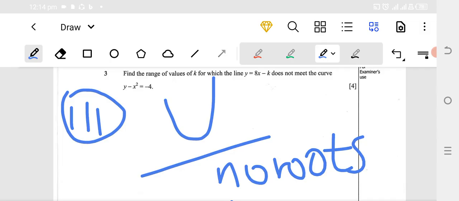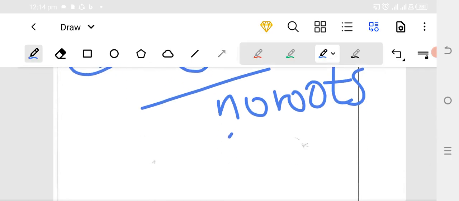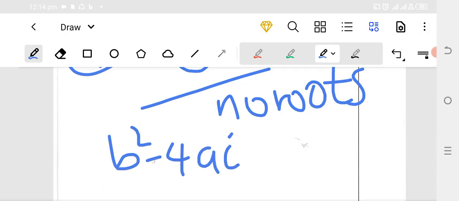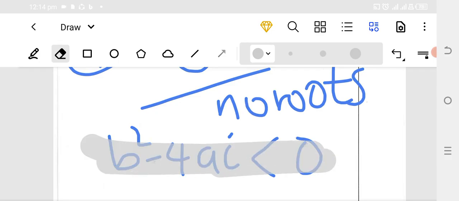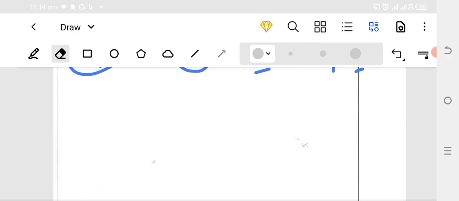It will have no real solutions. When there are no roots, the discriminant b squared minus 4ac is going to be less than 0. So that's what you need to take note of as we answer this question on the discriminant.